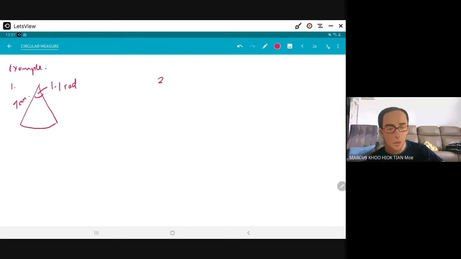The second example that I want you to try is another one. This angle is 135 degrees and the radius is 2 cm. This is the same question.